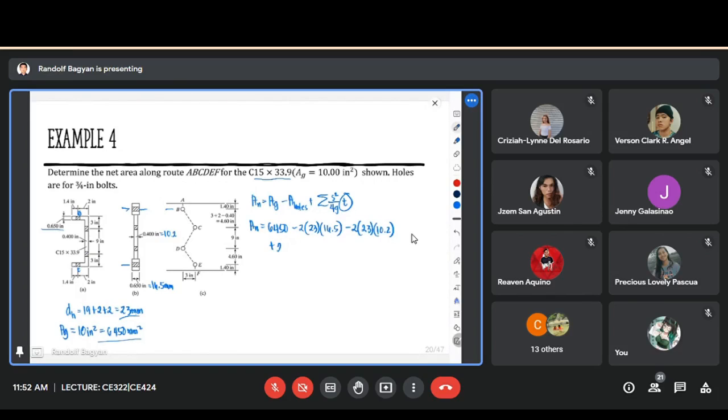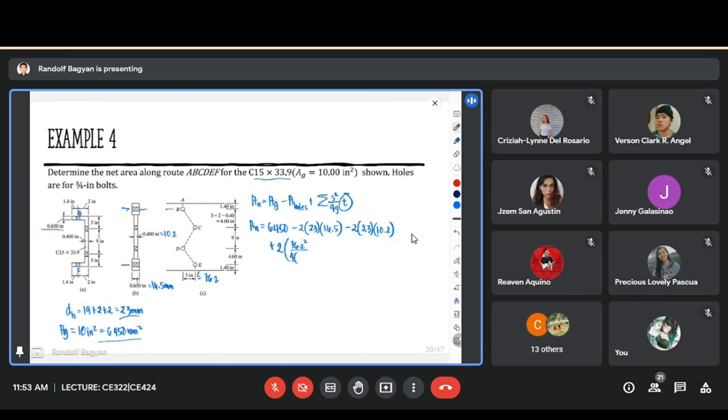So, we have twice S squared, that is 3 inches, or 3 times 25.4 is 76.2. Twice of 76.2 squared, S squared all over 4 times the gauge. What is the gauge?